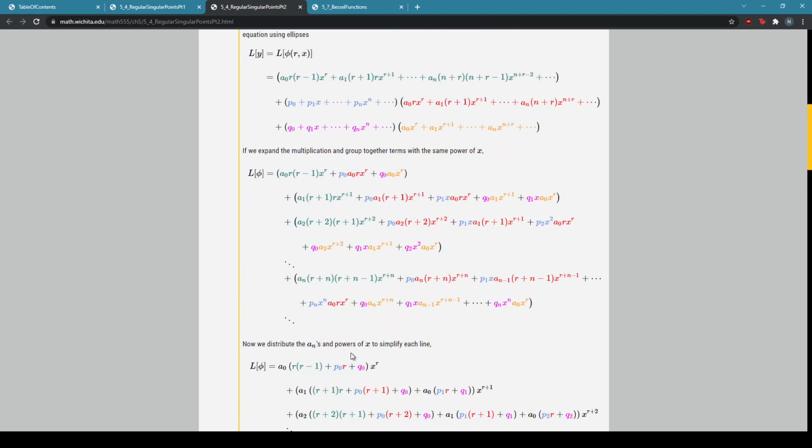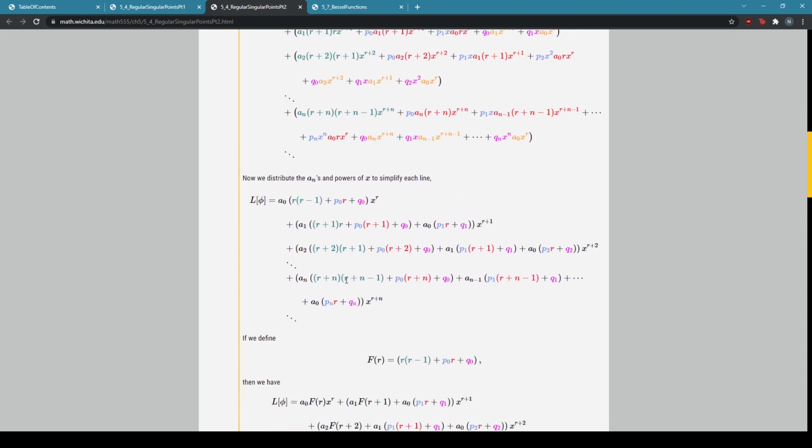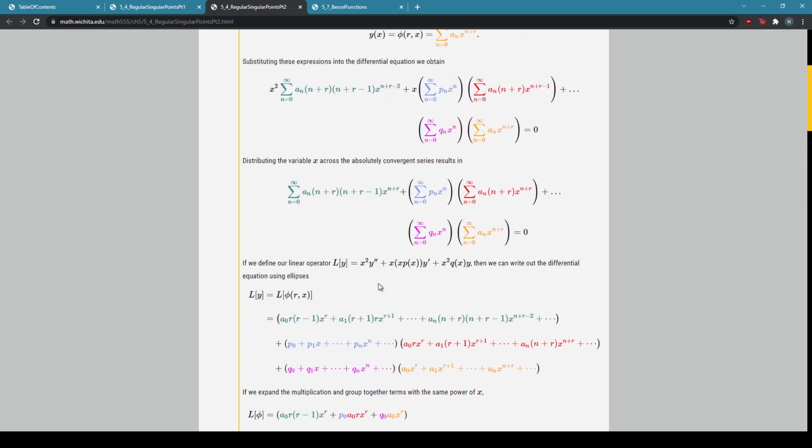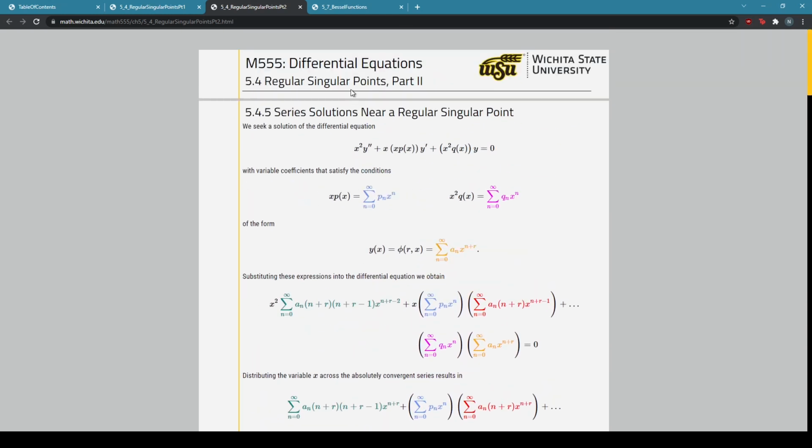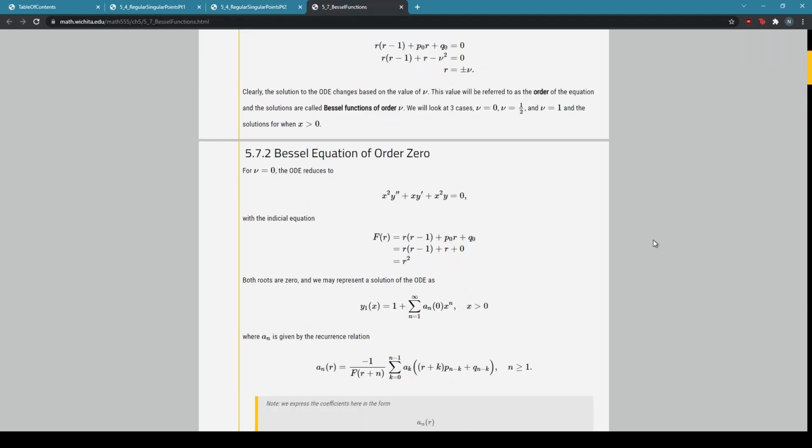What goes on here, as you can see, is color-coded as extremely as it can be to make it easy to follow along with, because there's a lot of refactoring and moving parts. But I want to talk about the more applied version of this, because you will likely actually interact with Bessel functions.